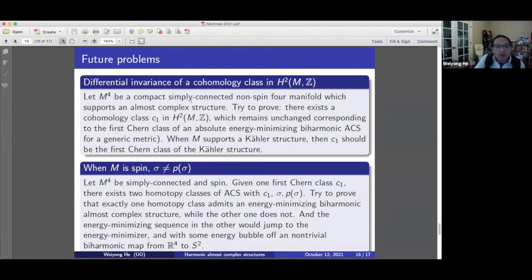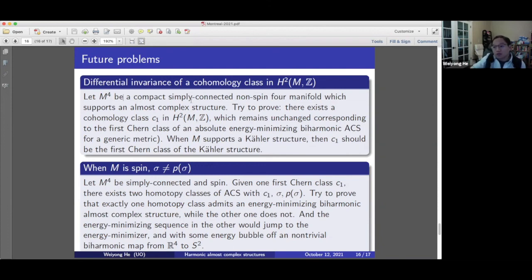Suppose we have a compact, simply connected, non-spin 4-manifold which supports an almost complex structure. We try to prove that there always exists a cohomology class C_1, which remains unchanged, corresponding to the first Chern class of an absolute energy minimizing biharmonic almost complex structure for a generic metric.